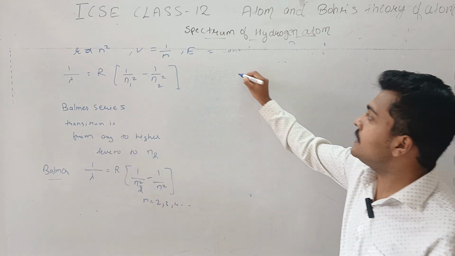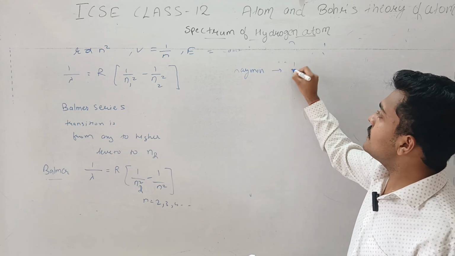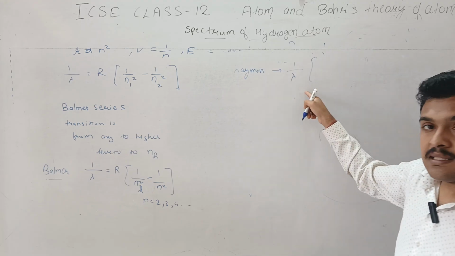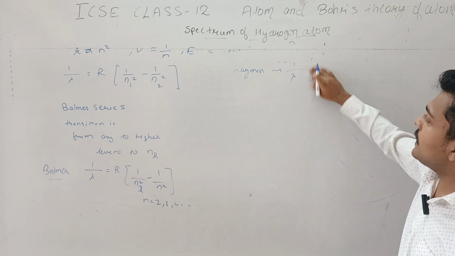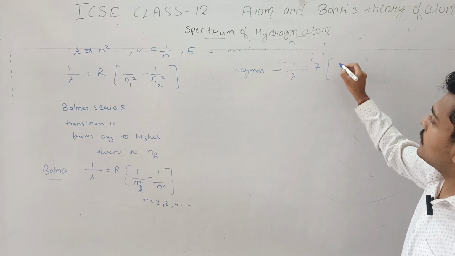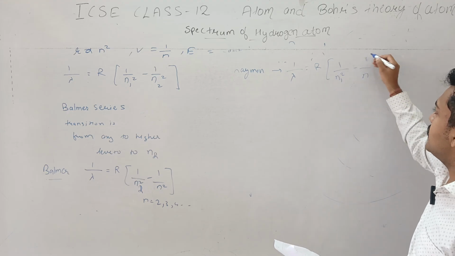Then we have the Lyman series. The Lyman series is the transition to the ground level, from any higher level to the ground level. So 1 by n1 squared minus 1 by n squared.